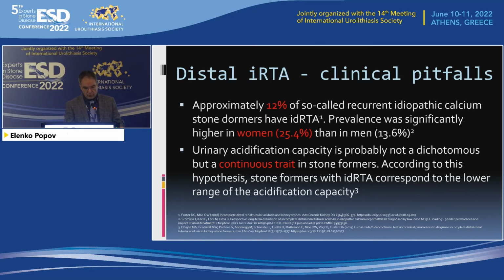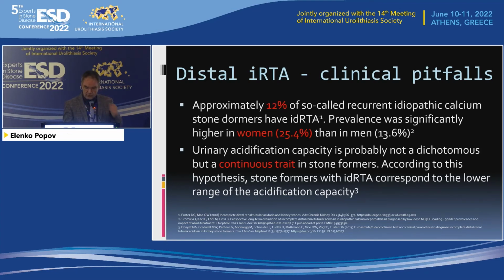What are the clinical pitfalls of this new and very interesting concept of incomplete distal renal tubular acidosis? Approximately 12% of the so-called recurrent idiopathic calcium stone formers have incomplete distal renal tubular acidosis.